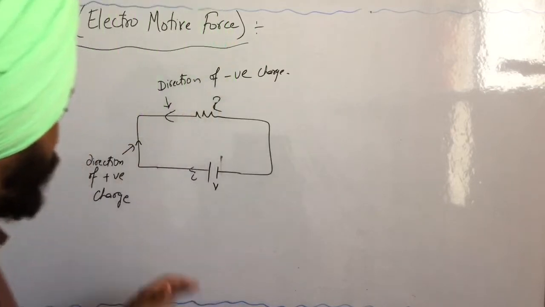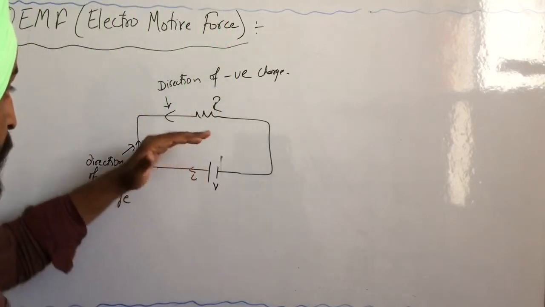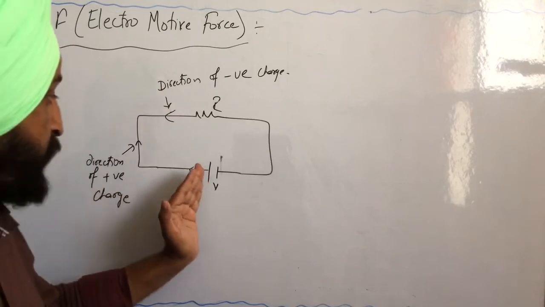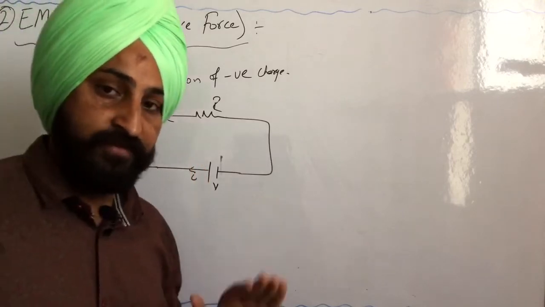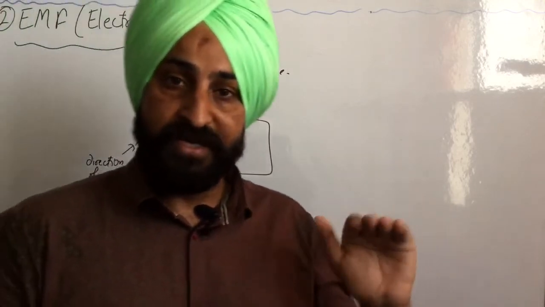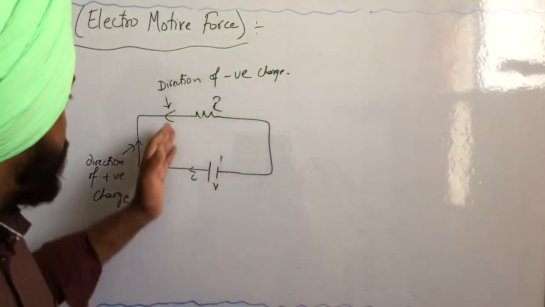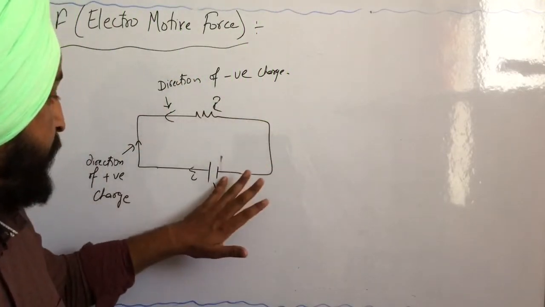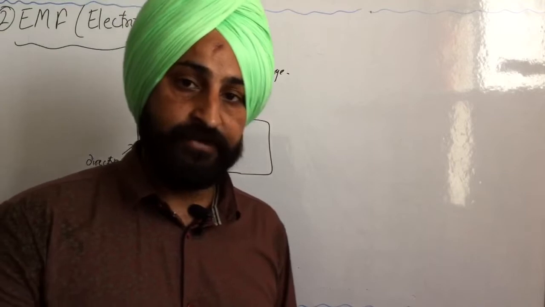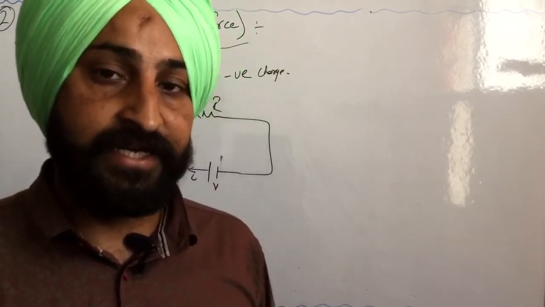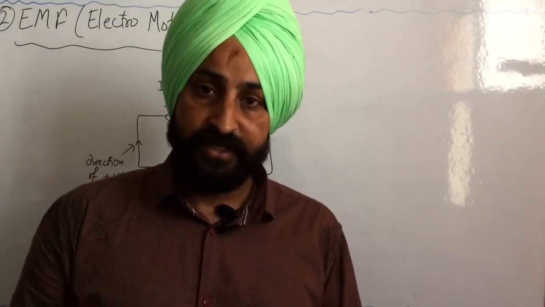Fine. So the positive terminal will become less positive, and similarly the negative terminal will also become less negative. So in this way, the potential difference is decreasing.